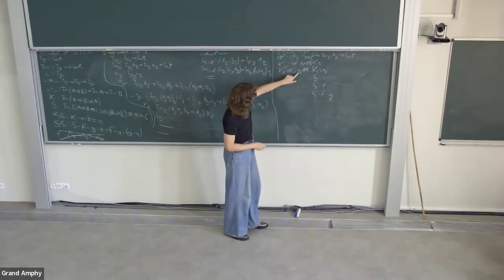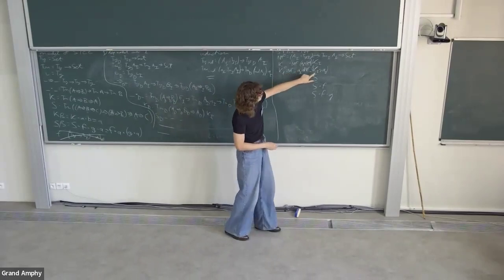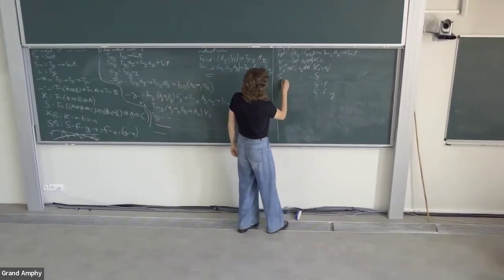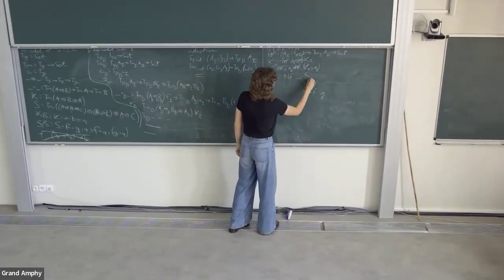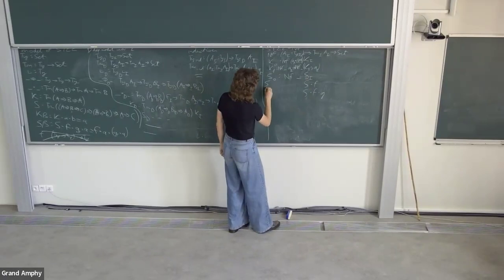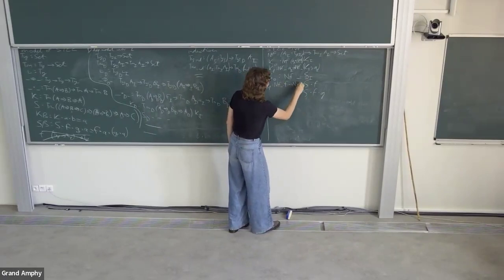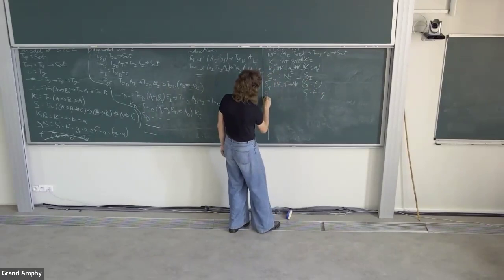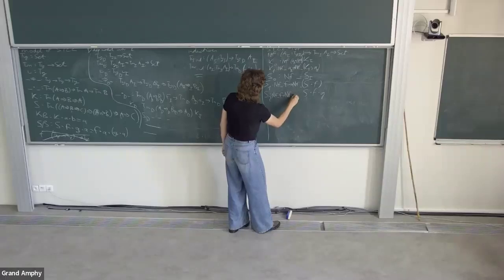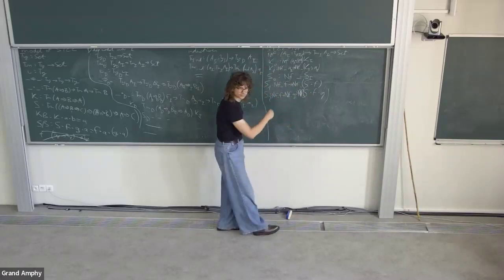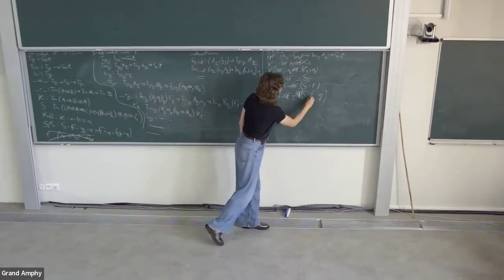If A is in normal form, then K applied to A is also in normal form. Then I have S0: syntactic S is in normal form. S1 says that if F is in normal form, then S applied to F is in normal form, and S2 says if F and G are in normal form, then S applied to F and G is in normal form. And imagine all the index pieces.